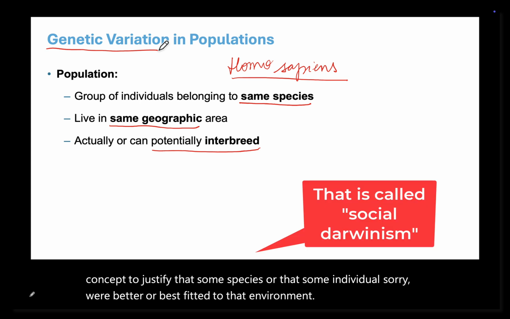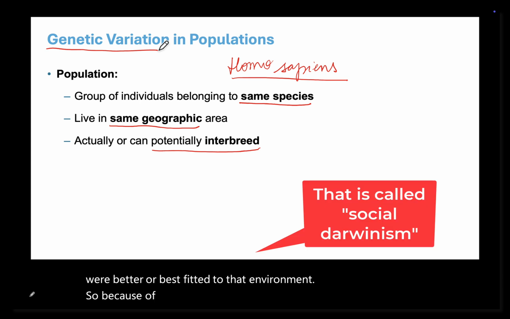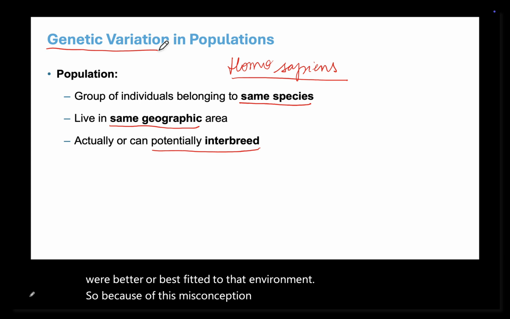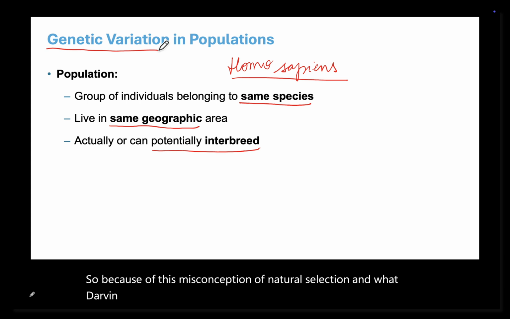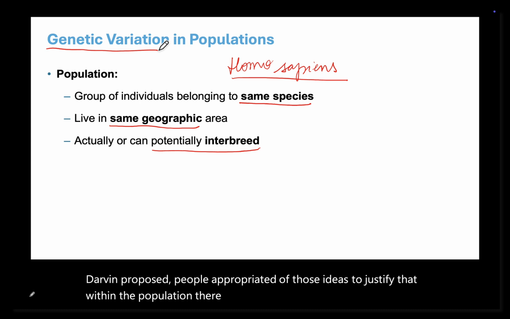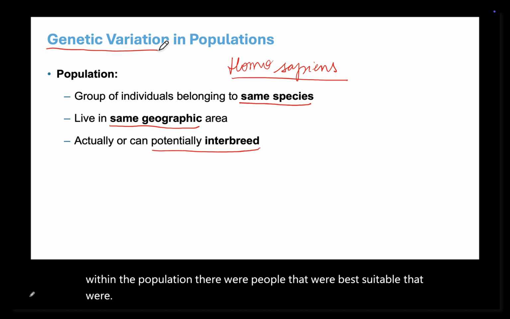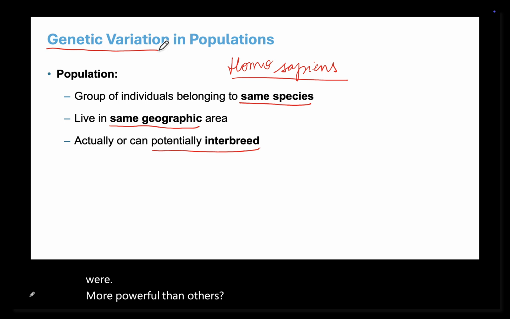So because of this misconception of natural selection and what Darwin proposed, people appropriated those ideas to justify that within the population there were people that were best suitable, that were more powerful than others, just because they looked different.